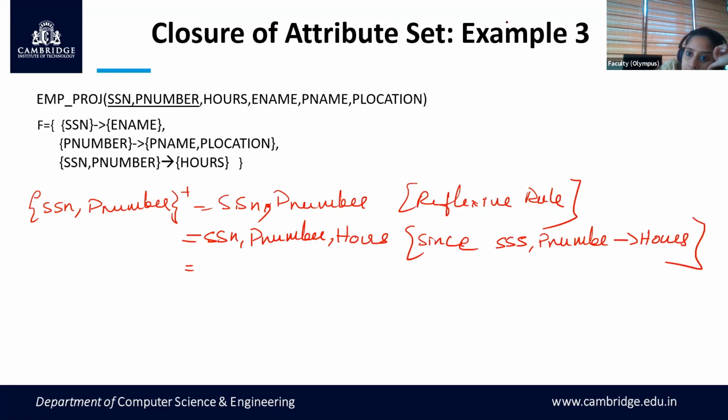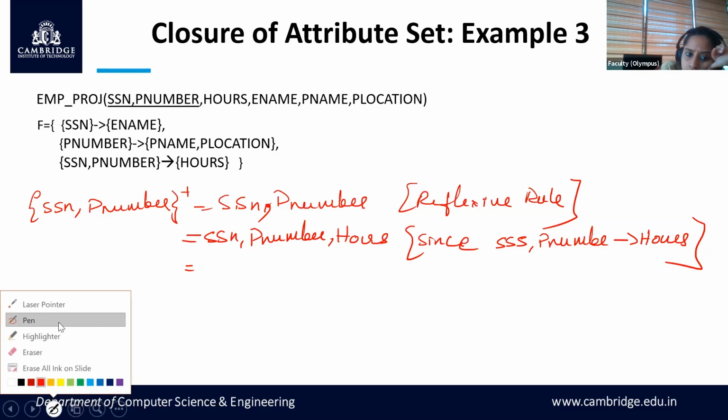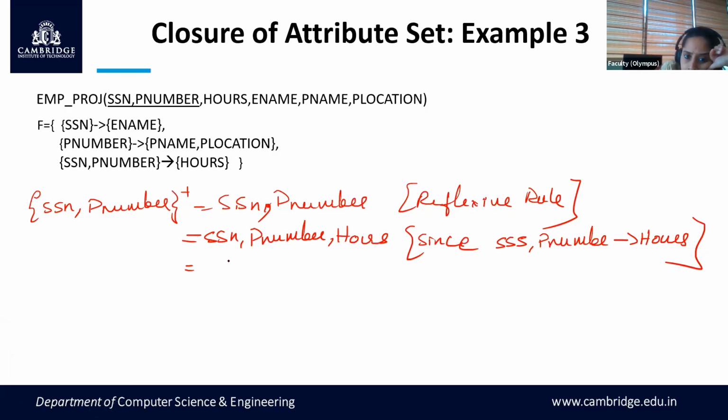Next, wrong, Sudeep. Why did you leave SSN and P number? Reflexive will join. Now I have these attributes. SSN I have. So SSN alone derives what? Ename.